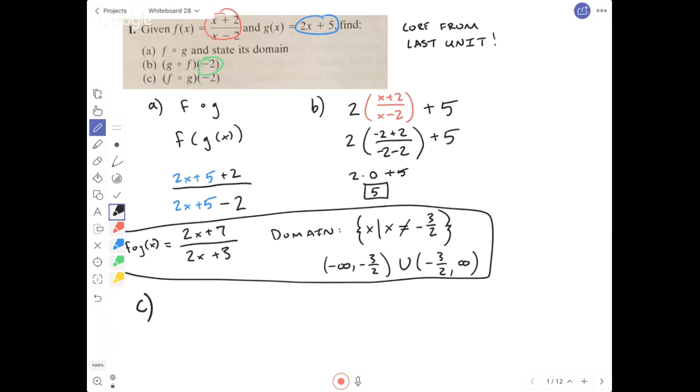So part C, plug in negative 2 to the f of g of x function. So f composed with g of x is equal to 2x plus 7 over 2x plus 3.